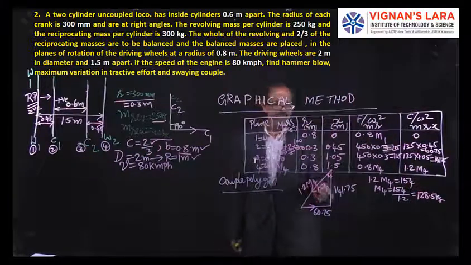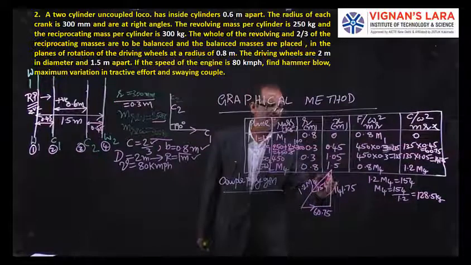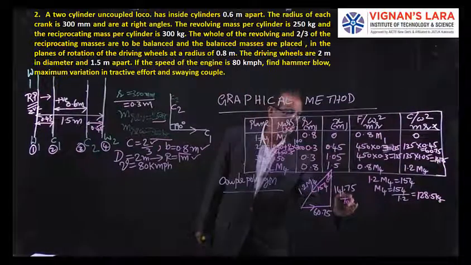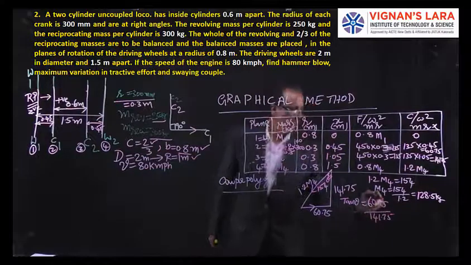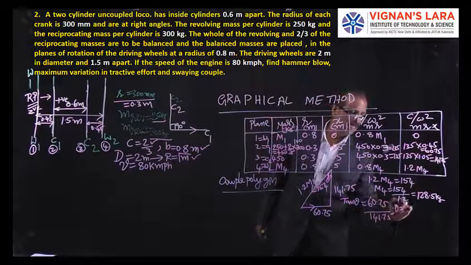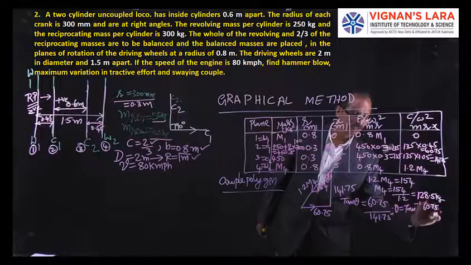Then we can also find out theta like this. tan theta is equal to 60.75 by 141.75. Then theta is equal to tan inverse of 60.75 by 141.75.